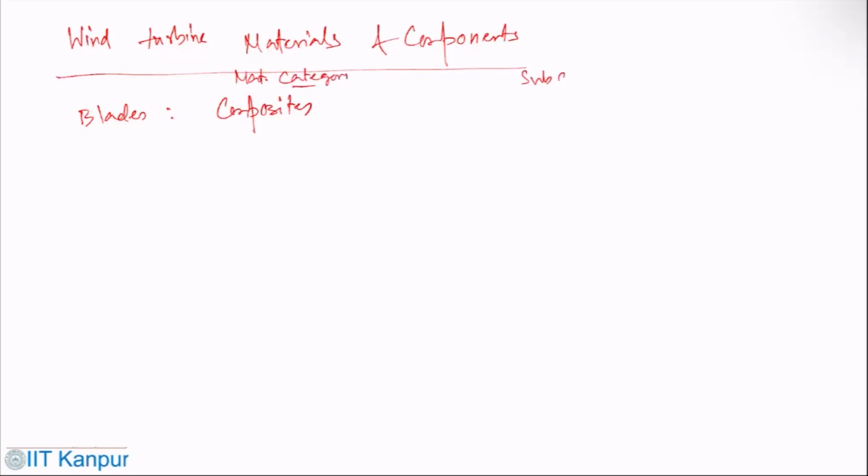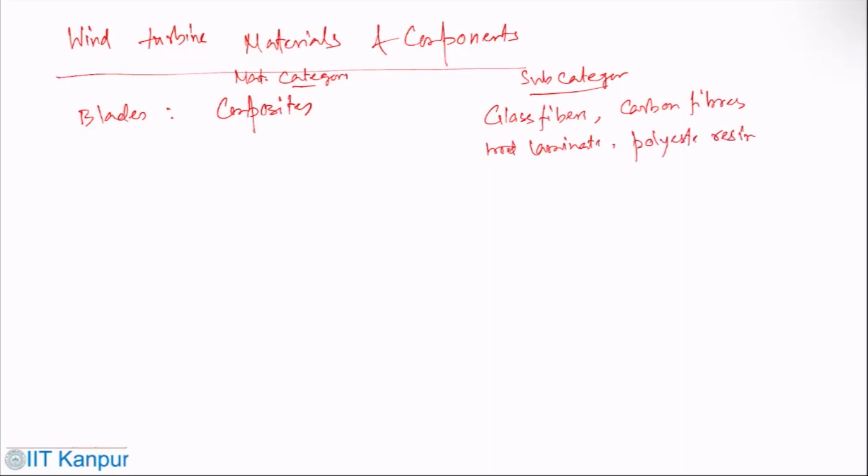You have subcategories as fibers, carbon fibers, wood laminates, polyester resins, epoxies.